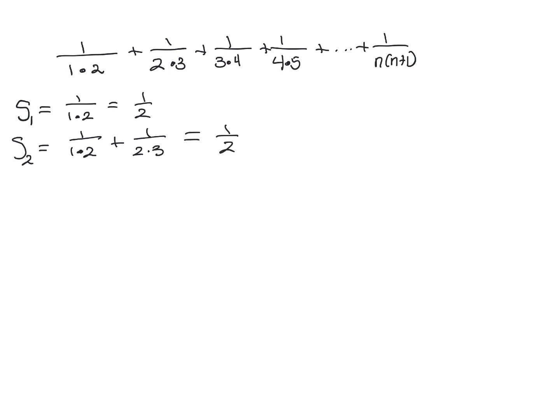Well, the first term we know is 1/2, plus a 1/6. And you can change your half into 3/6. So this is going to equal 4/6, which we know is 2/3. I'm going to highlight really quick so I don't lose these. So here's my first term, or my first sum. Here's my second sum. Let's find my third sum.